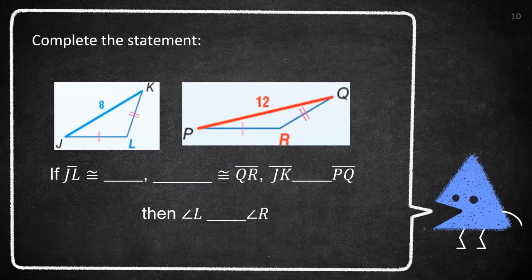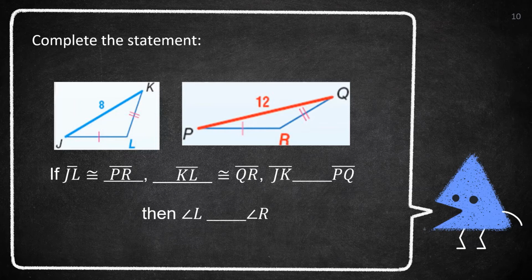For example, let us complete the statement. We have there triangle JKL and triangle PQR. What side of triangle PQR is congruent to JL? The correct answer is PR. And then, what side of triangle JKL is congruent to QR? Correct. It is KL.